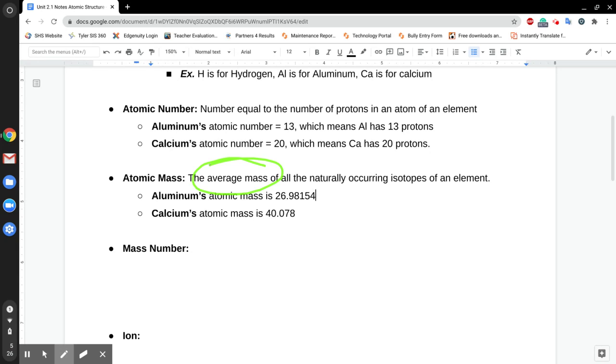And at the same time, you're going to have a decent range of numbers for each isotope, each type of each element. It's going to vary a decent amount. So when you work with averages, for the most part you get decimals, right? Whereas atomic number is exactly the number of protons. Okay, it's the number of protons. Okay, so let's keep going.